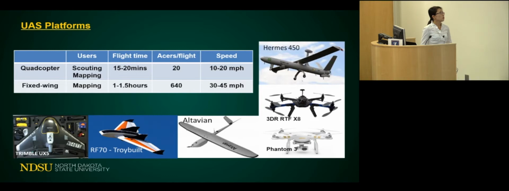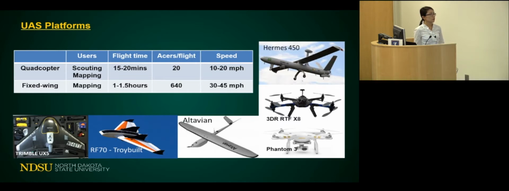These are the UAV platforms in our research team, and we divide them into two categories. One is the quadcopter, and the other is the fixed wing. For the quadcopter, the flight time is about 15 to 20 minutes, covering about 20 acres per flight, and the speed is a little slower, 10 to 20 miles per hour.